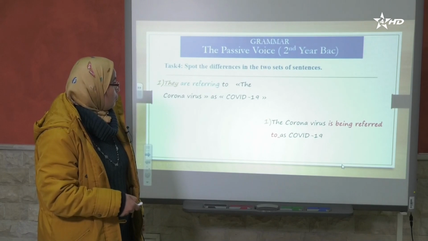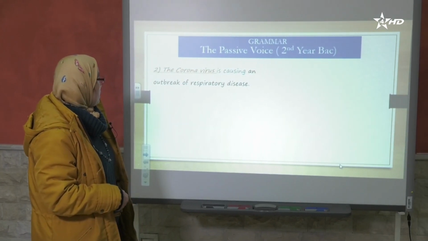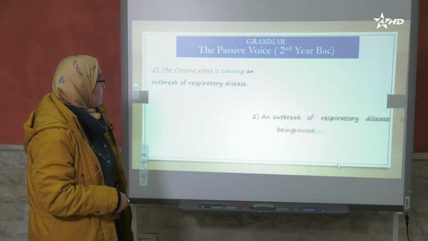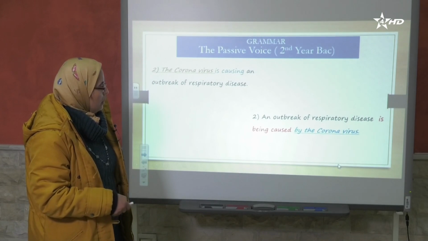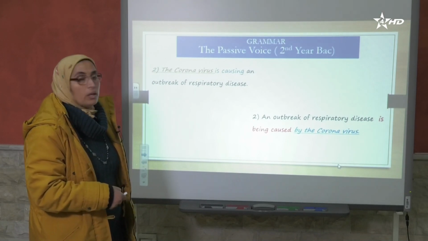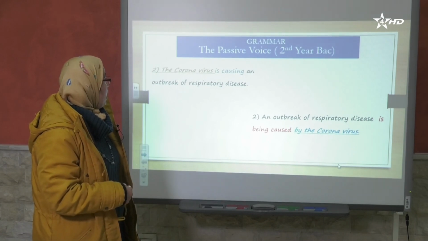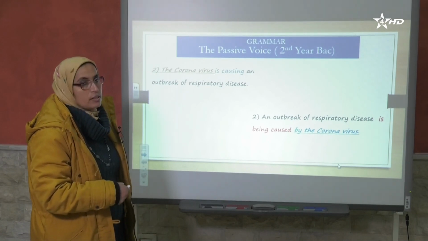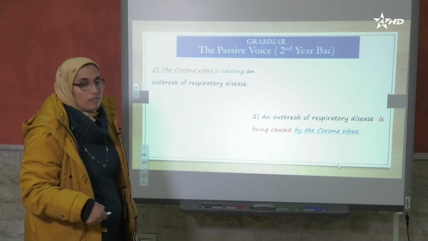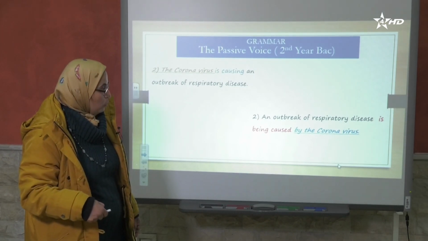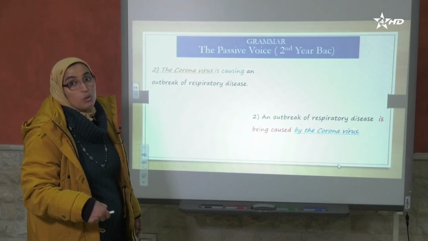Let's move to another sentence or example. The coronavirus is causing an outbreak of respiratory disease. An outbreak of respiratory disease is being caused by the coronavirus. What are the changes we have here again? The coronavirus, the agent. Where is it? By the coronavirus. So we add by here and we keep the agent because we know it.